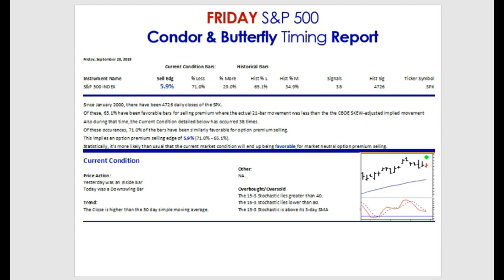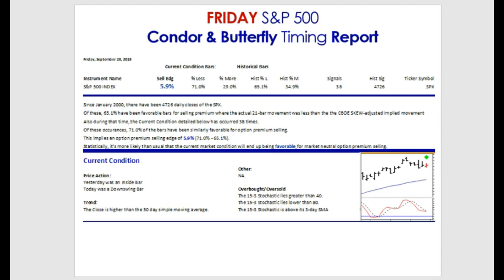Why? Because the actual movement that occurred in the market was less than what was being implied. The option premium was implying a greater volatility than what actually came to pass. Okay, 65% of the time. Now, also, during that time, as I mentioned, our market condition has occurred 38 times.